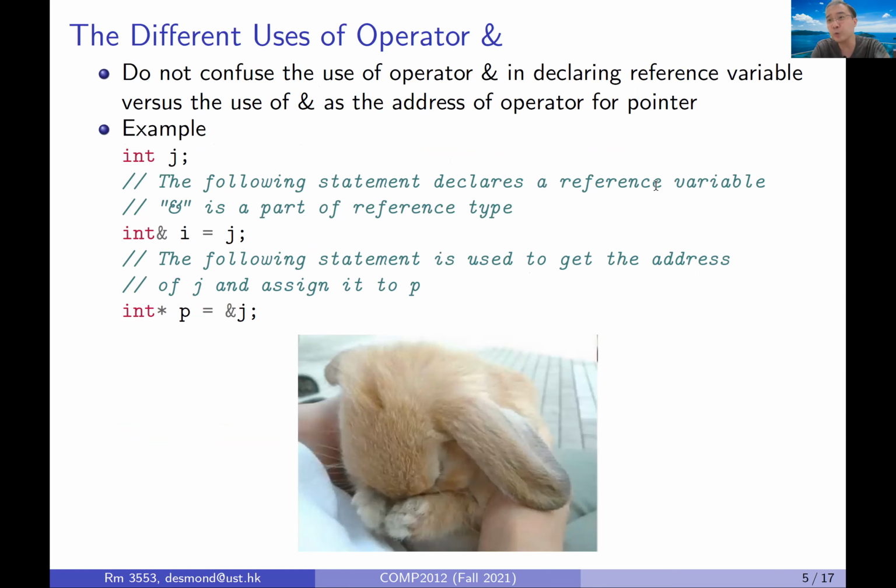Here, I show you two different uses of ampersand. This is what, everyone? This is a reference. We use ampersand to define a nickname I and bind it to J. But what is the use of this one then? Address of. Just want to remind you again and again: different uses of ampersand. Okay?